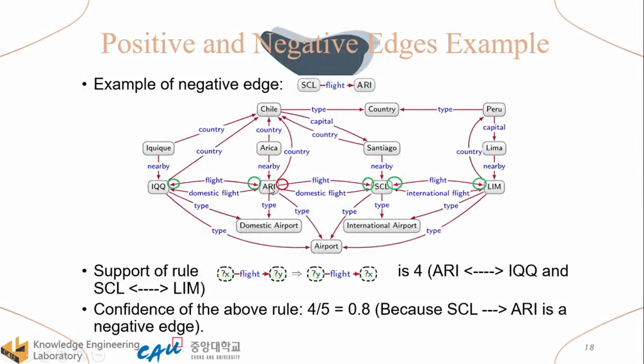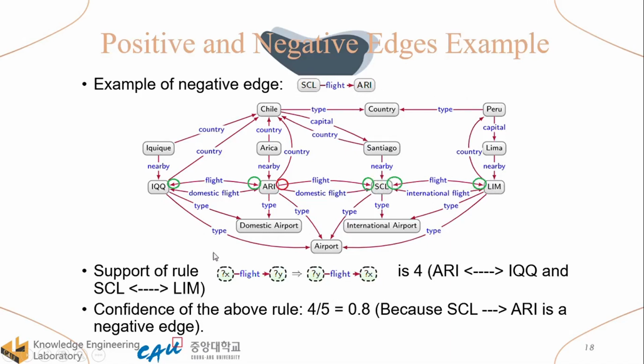As we can see, there is no edge from SCL to ARI, but there exists a fly edge from SCL to LIM. So the SCL to ARI will be a negative edge.